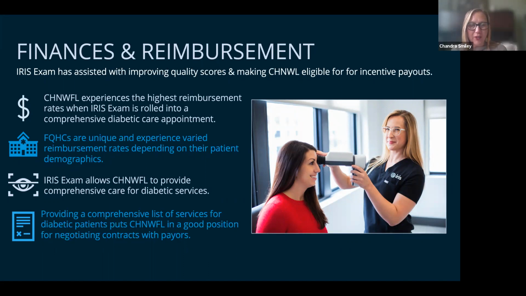So for Community Health, being a federally qualified health center, we are able to bill out Medicaid and Medicare services at an enhanced rate. And what that is based on our uncompensated care, our cost per medical visit, that rate is set each year.